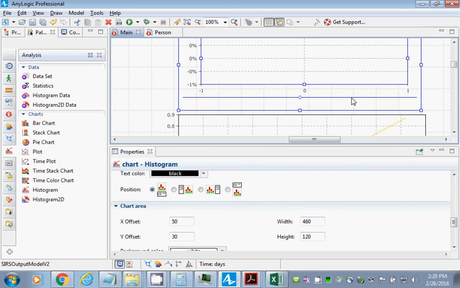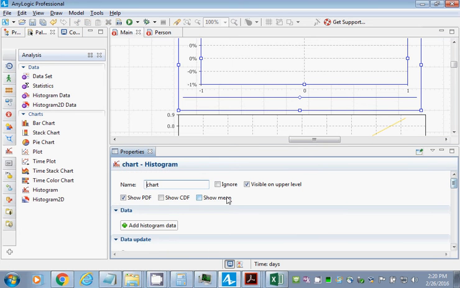Okay, so ladies and gentlemen, here it's going to be our histogram, and we're going to call it income histogram. Okay? And we'll show both the cumulative distribution function and the probability mass function. Okay? Probability density function.